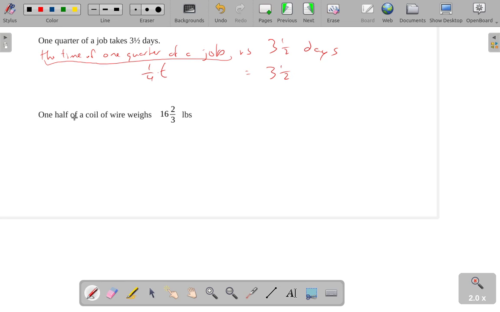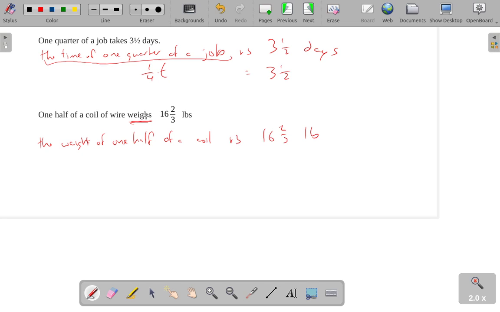This is another instance where we don't say is or anything like that, but you can see the verb here, weighs. This is talking about the weight of 1/2 the coil. The weight of 1/2 of a coil is 16 2/3 pounds.